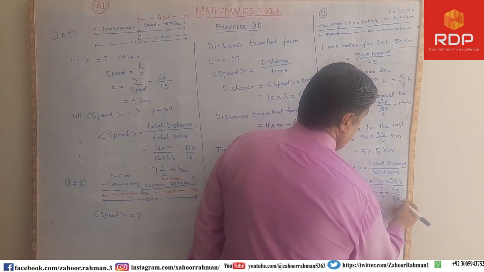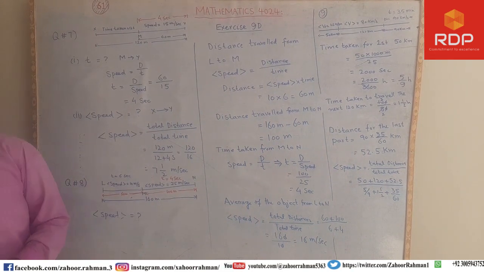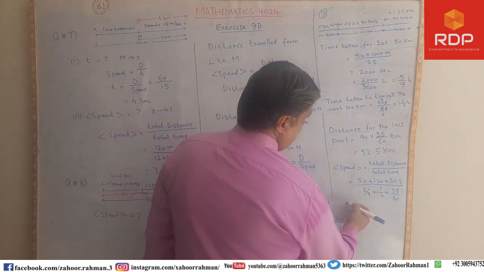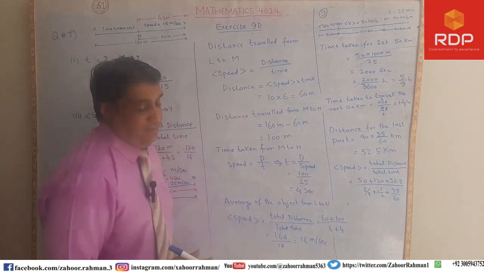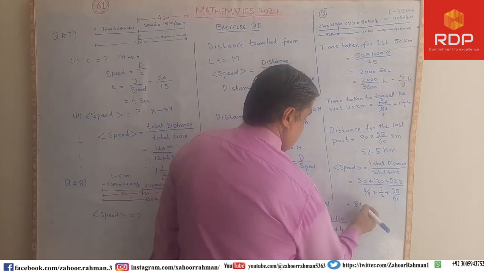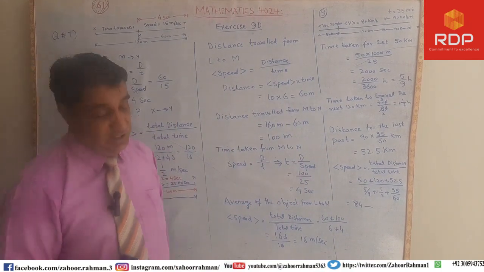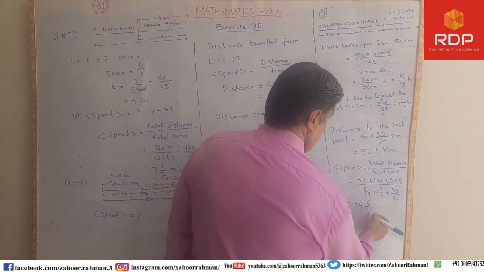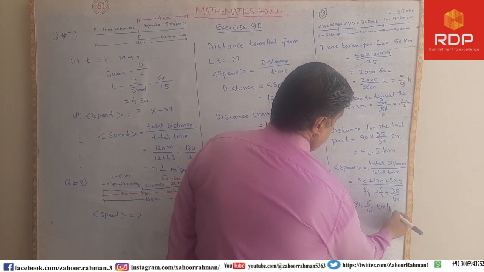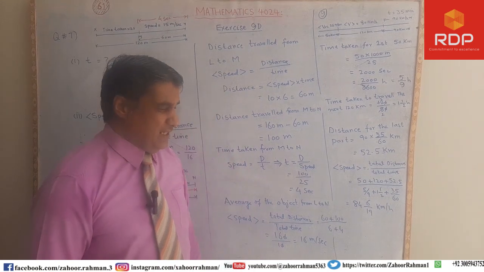When we calculate through the calculator, we will get 84 whole 6 over 19 kilometer per hour. So that will be the answer.